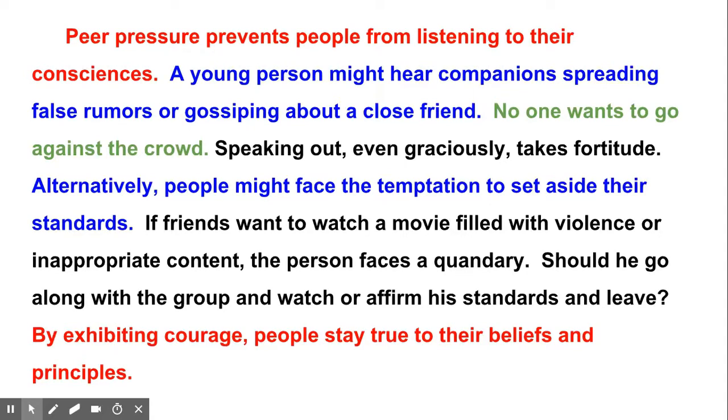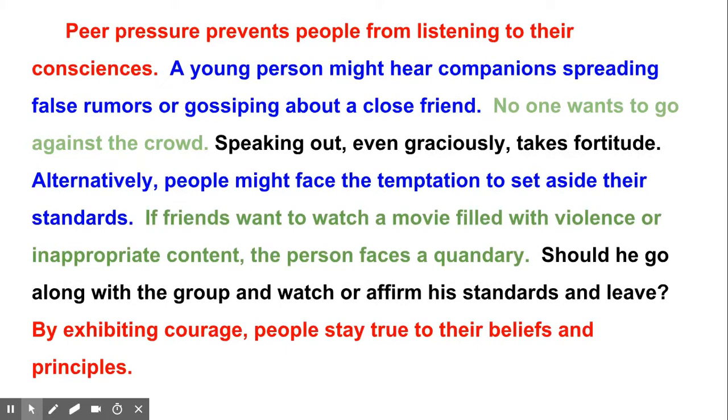Here it is: speaking out, even graciously, takes fortitude. Highlighted in blue then is a related statement, still under the topic sentence, still refers to it, followed by an example or an explanation.